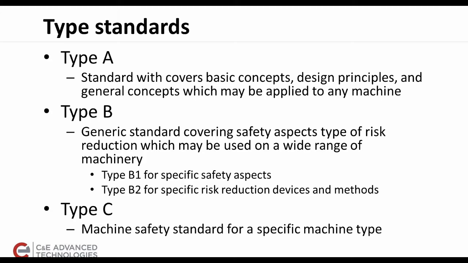B11.19 is a type B2 standard in that it gives specific risk reduction devices and methods information. The last type is a type C. A type C provides you specific information on a machine such as mechanical punch press, hot former, or what have you.